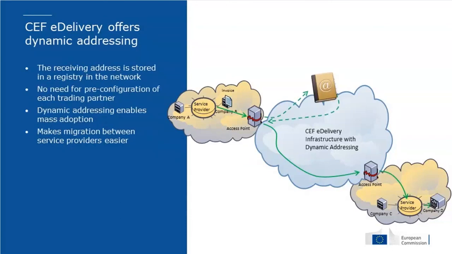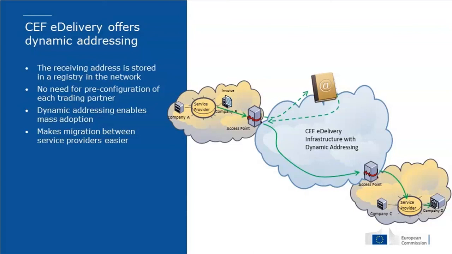So here comes then an answer. The CEF eDelivery, or also Peppol, is an example of this infrastructure. It offers dynamic addressing, and this is a key functionality. It doesn't necessarily sound very important, but the point is that I, as a buyer, am registered in the infrastructure, connecting me to a specific inbox or an access point, and the sender's access point makes a dynamic lookup every time he sends something and finds out where to send the invoice.